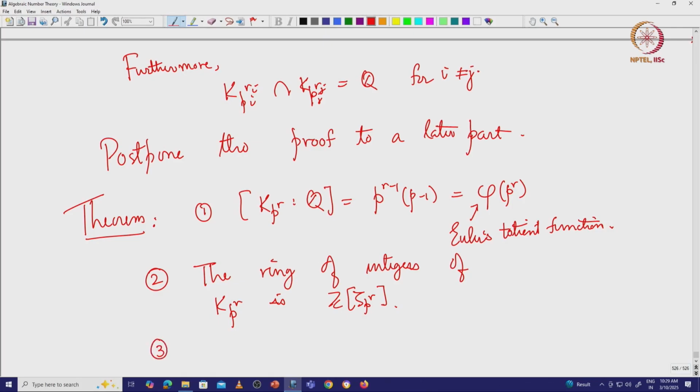Let m be this quantity p^{r-1}(p-1). Then the discriminant of K_{p^r} is equal to p to the power m, up to sign. So this is plus or minus p^m. And when is the sign plus?